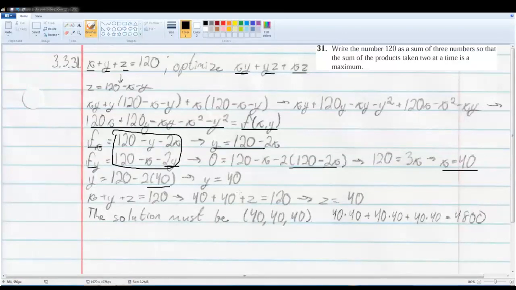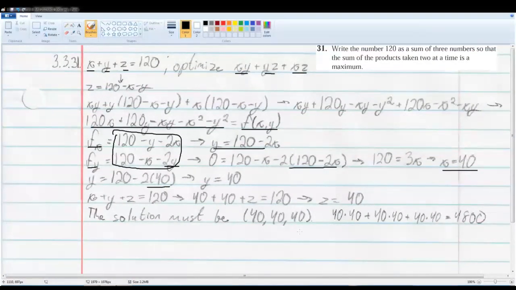Now, that means that we have really one critical point, and that's at 40 comma 40. And so by plugging 40 for x and 40 for y into the original function and solving for z, z must also be 40.